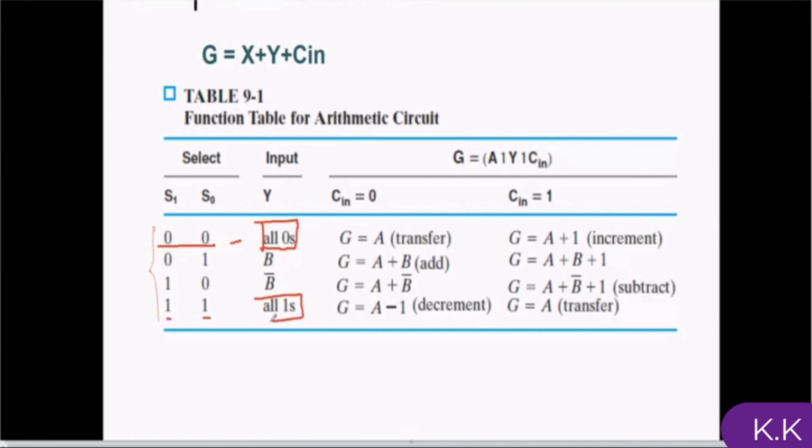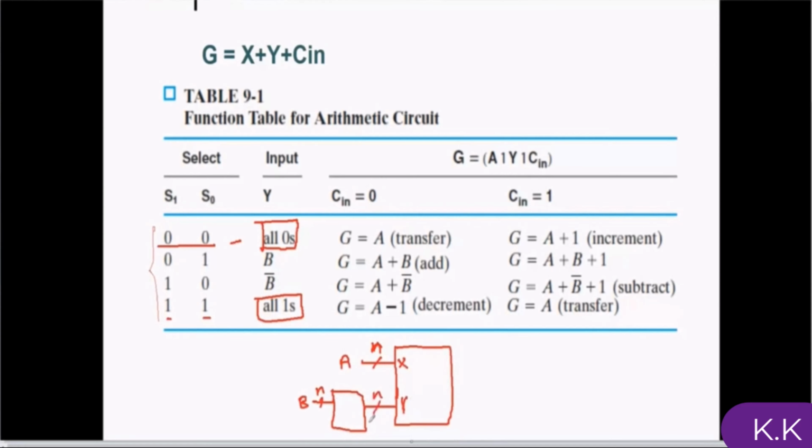So this is my ALU. One of the inputs is coming from the A. This is X. This is Y. Another input is coming from a circuit on B, and there is a circuit here which receives S0 and S1.